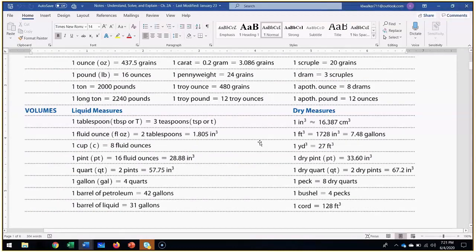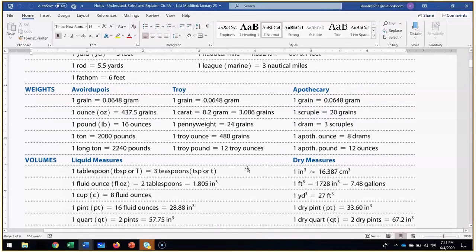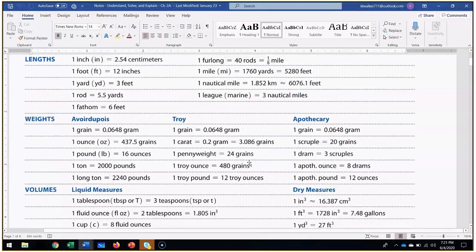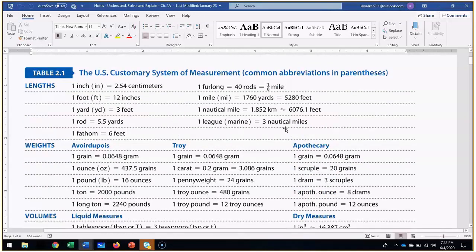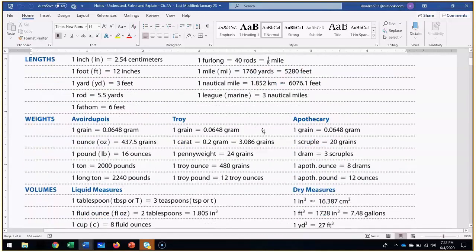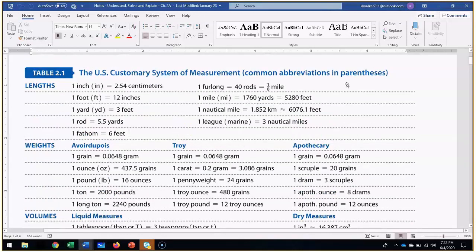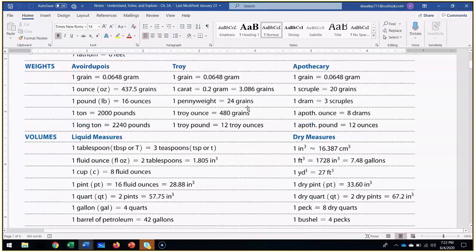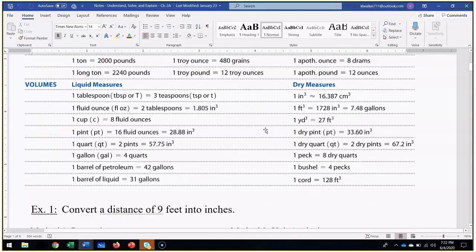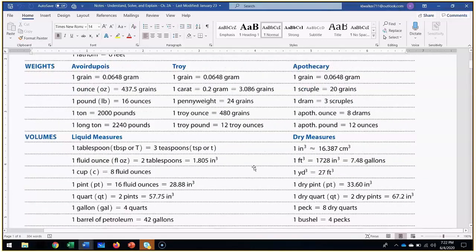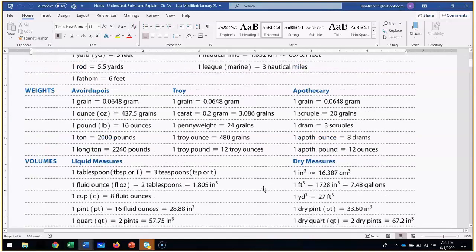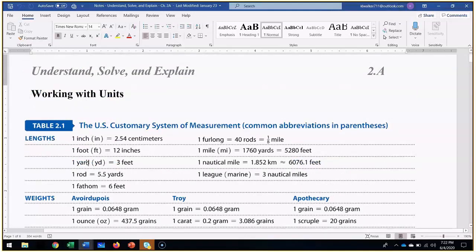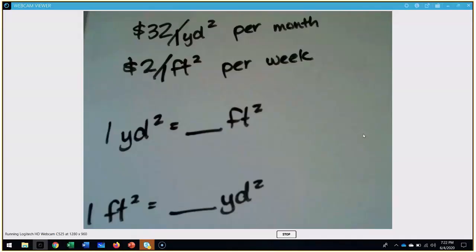Remember, we're looking for square yards and square feet. Anything on here? You see cubic feet and cubic yards, but that's not what we want. This might not even have it, which means we're going to have to find it ourselves, and that's fine. I thought it did though. Well, I guess not. So we're going to do even more work now.